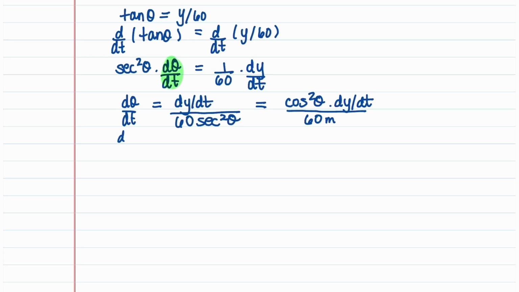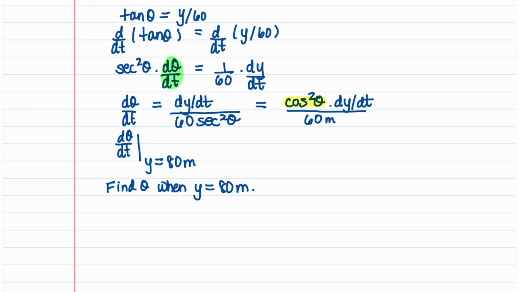Now we want to find d theta/dt when y is 80 meters. Notice in our equation that we have cosine squared theta. So I'm going to put down here that we have to find theta when y is 80 meters.